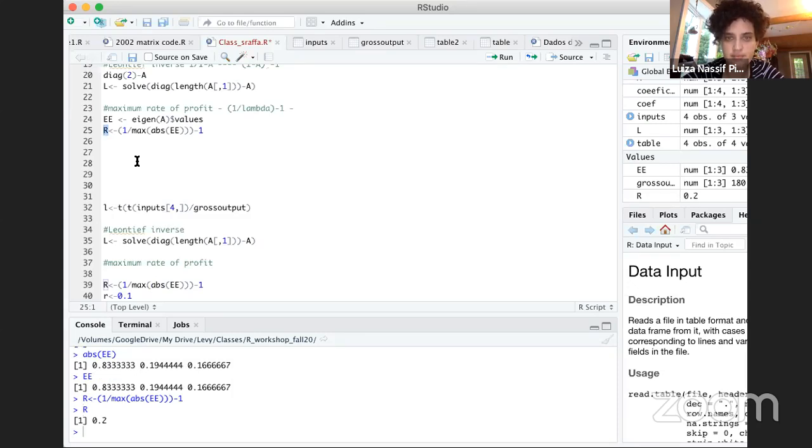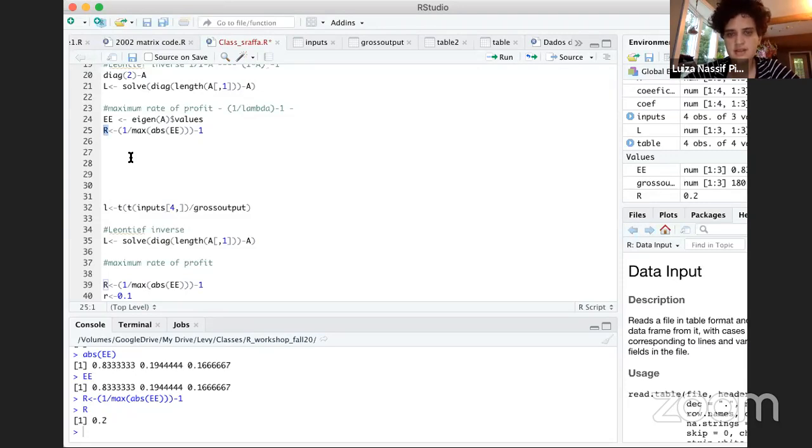So basically what this is telling you is, when this system reproduces itself, you have a surplus, right? So there's a certain amount of output that is created that does not need to go back into the system for the system to reproduce itself.